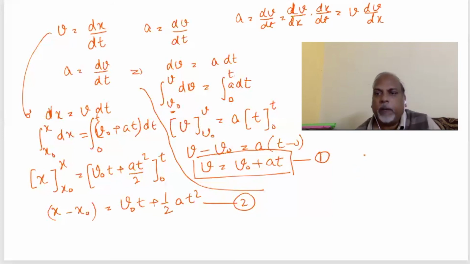So a will be equal to v dv upon dx. That means v dv is equal to a dx.